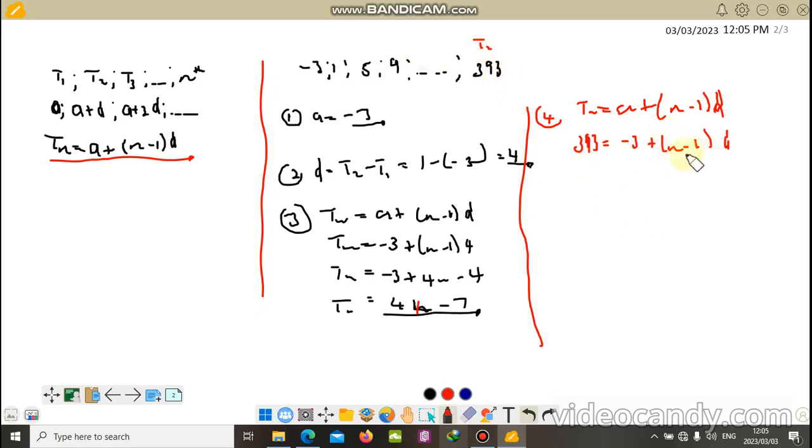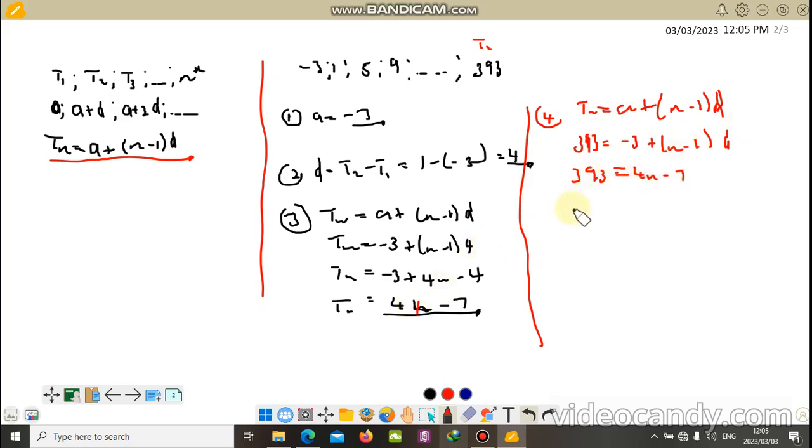So from here, it's just a simplification. Basically, it's the same thing as taking this and writing 393 and solving it for n. I'm going to take this 3 to that side. If I expand this part, we get 4n minus 7.